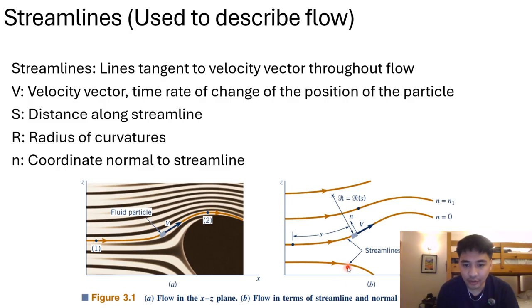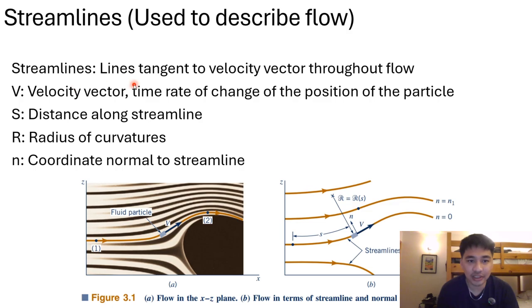Then here you have graph B, same thing, with your Z and X axes. I'm going to go over these variables here. You have your particle as well, an S here, an R as a function of S, and then these N values. Okay, so we're going to go back up here.